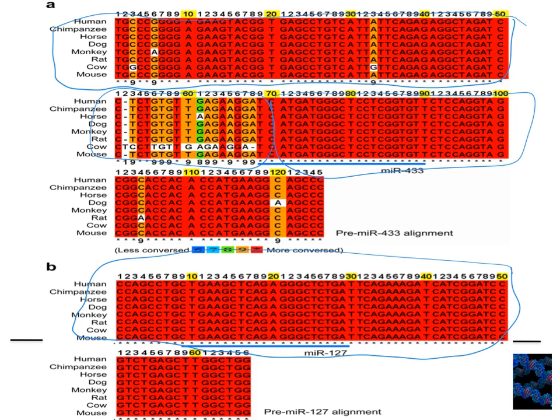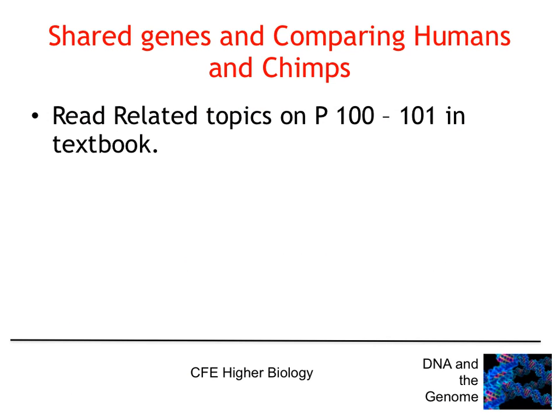The greater the number of conserved DNA sequences that the genomes have in common, the more closely related the two groups are that possess them. And you can have a look in your textbook at pages 100 and 101, looking at shared genes and comparing humans and chimps.